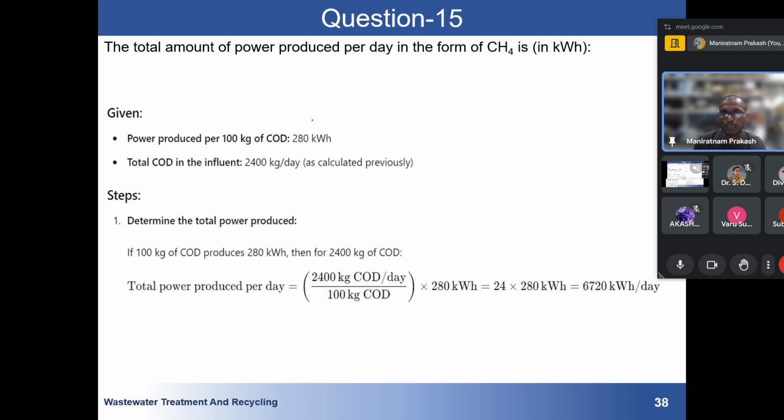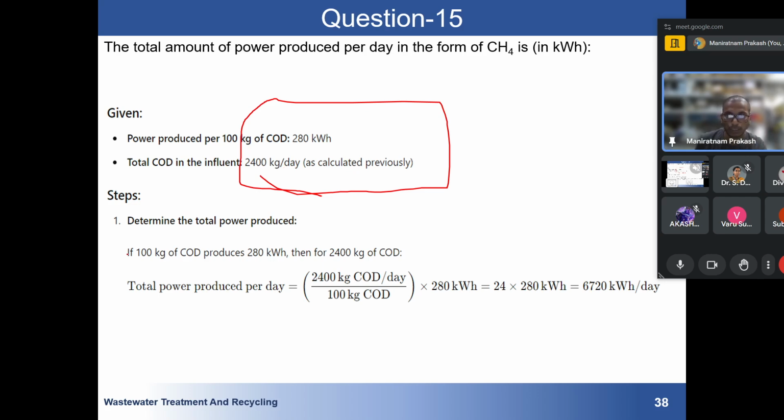The last question is the amount of power produced per day in the form of CH4, that is methane. In the question it is written that per 100 kg of COD, 280 kilowatt power is getting produced. We have already calculated previously that 2400 kg per day of COD is coming in our influent.